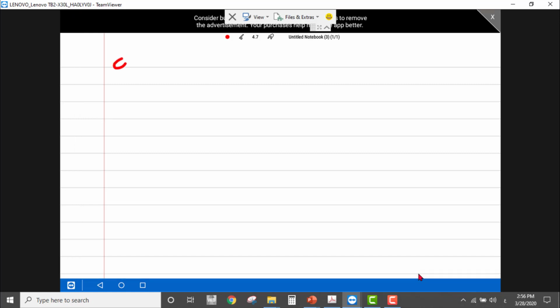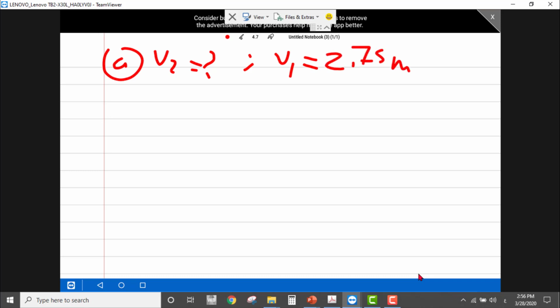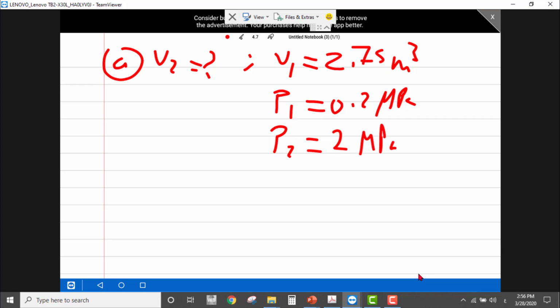So in part A, we need to find V2. Given that V1 equal to 2.75 meter cube, P1 equal to 0.2 megapascal, and P2 equal to 2 megapascal, since this is a compression.